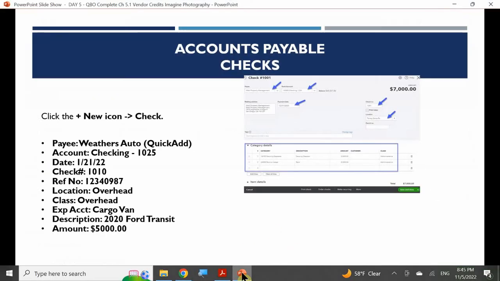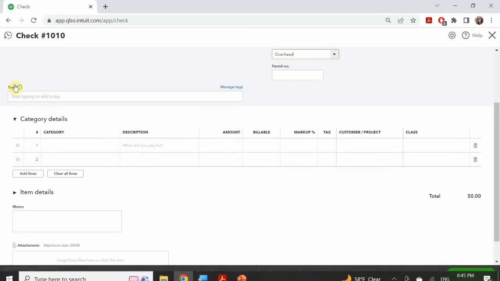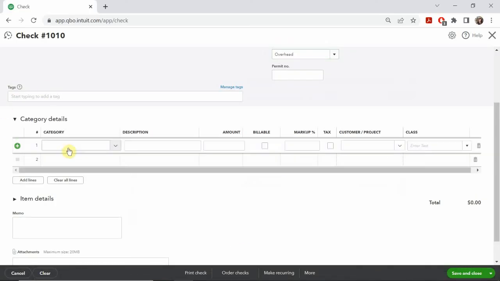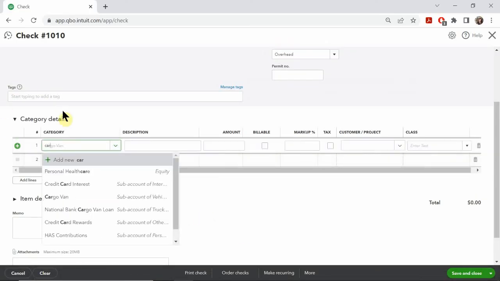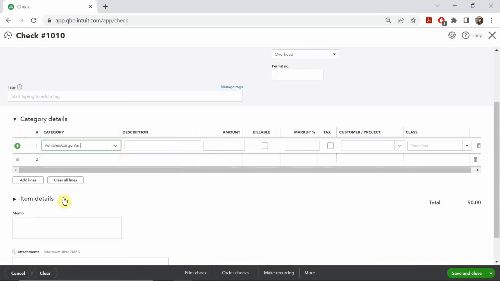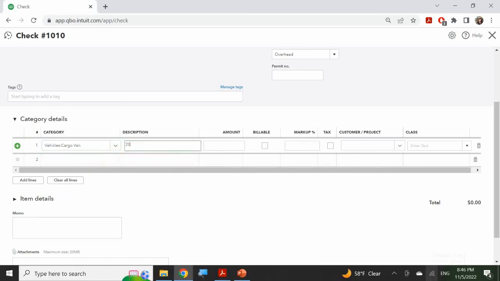Let's see what's next. You're going to select the account to be the cargo van, the 2024 Transit for $5,000. For category, once again, we purchased a fixed asset. We purchased a cargo van. Description, 2020 Ford Transit.